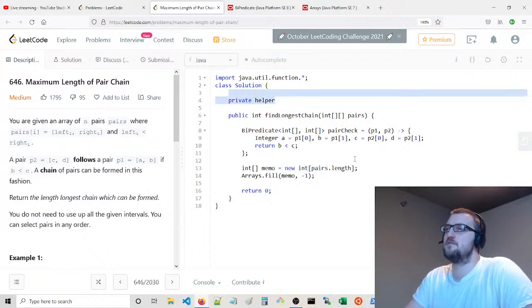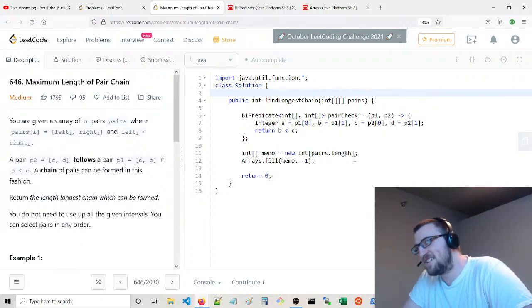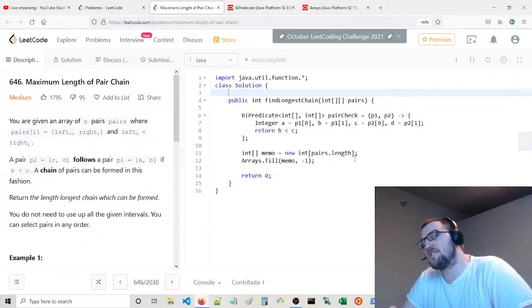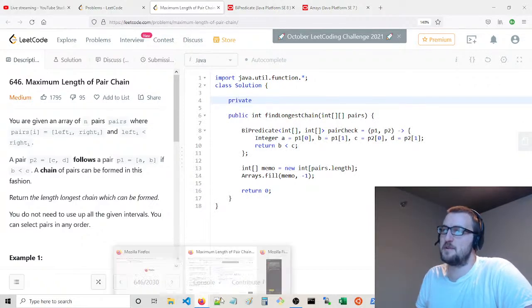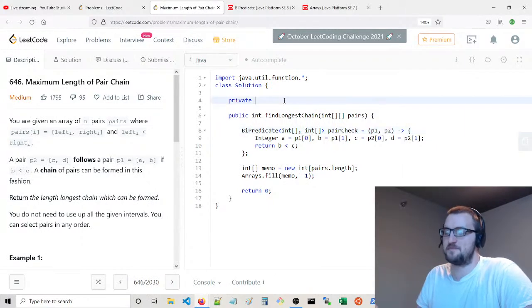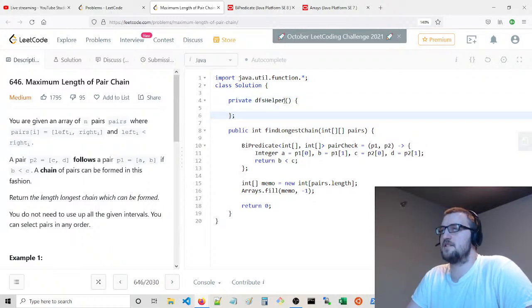This is going to get really complicated if we try that, so let's just write a helper. It's fine. We can pass the memo as a reference to the helper. All right, call it DFS helper.